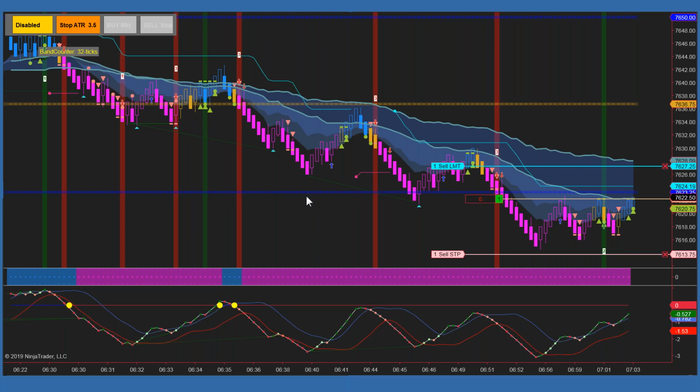If we can get above there, there is a chance that we'll see a little bit of an uptick. Come on. Ooh, they're holding tight.